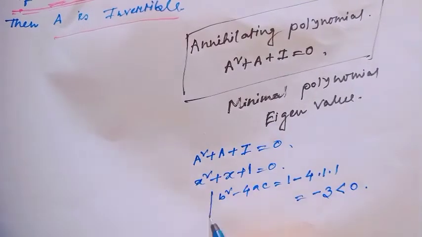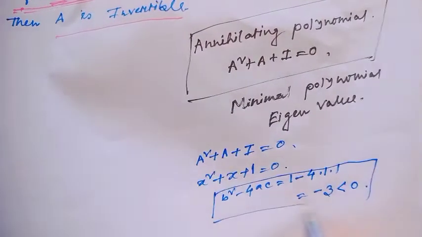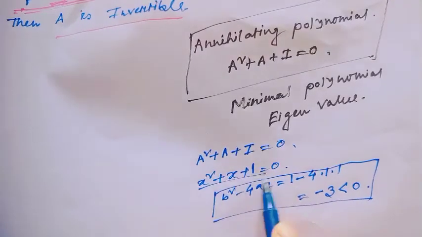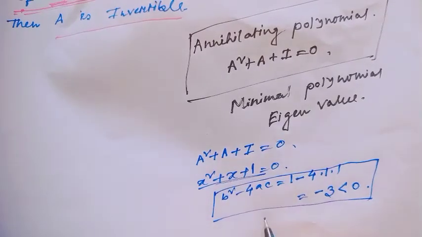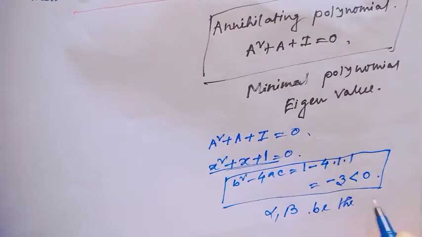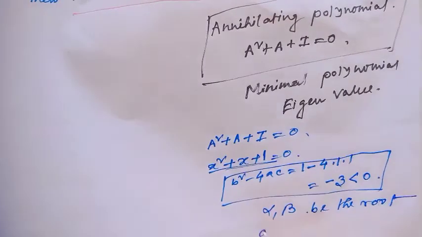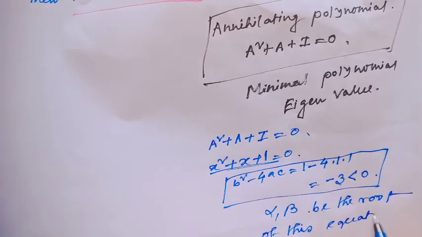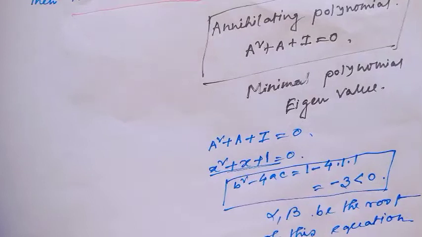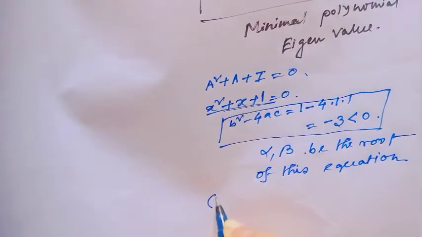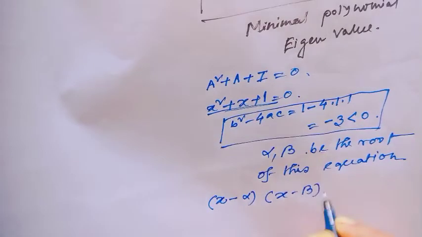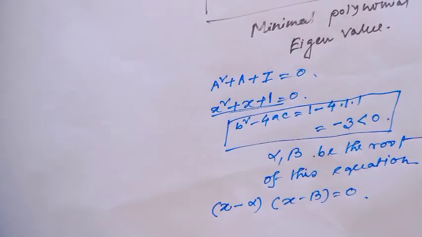That means since b square minus 4ac is less than 0, obviously all roots of this equation are complex. Consider alpha and beta be the roots of this equation. Then the equation would be x minus alpha times x minus beta equal to 0.